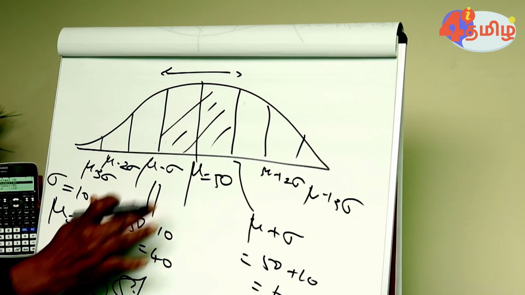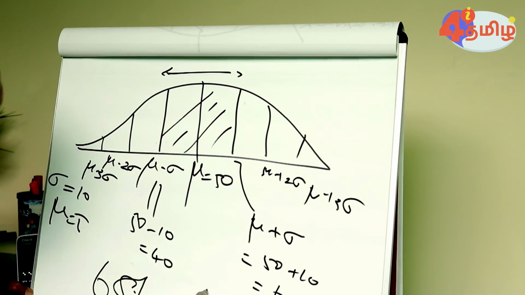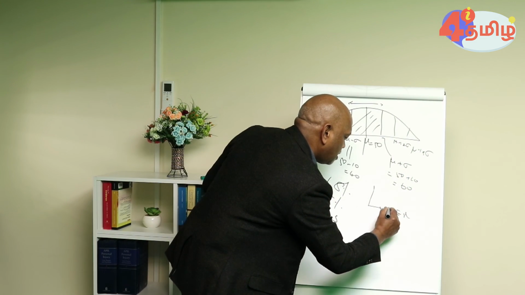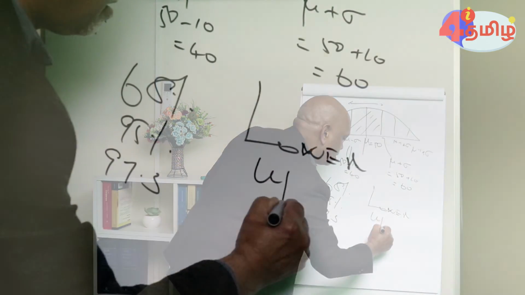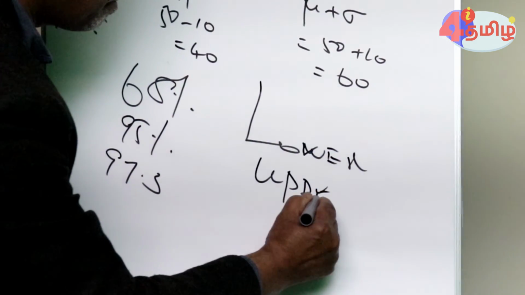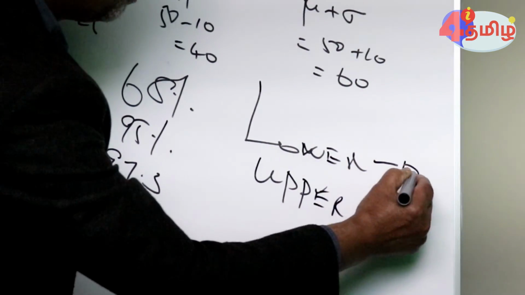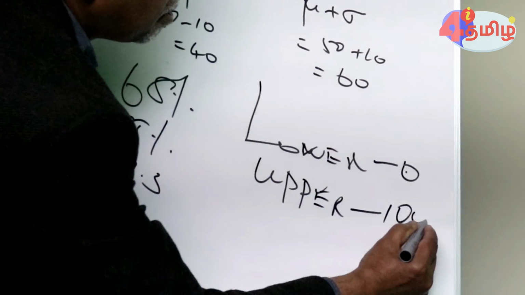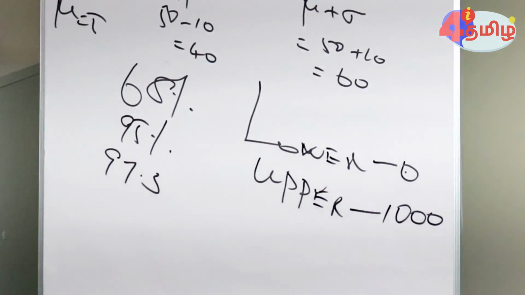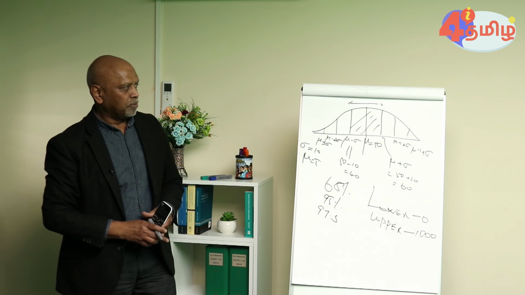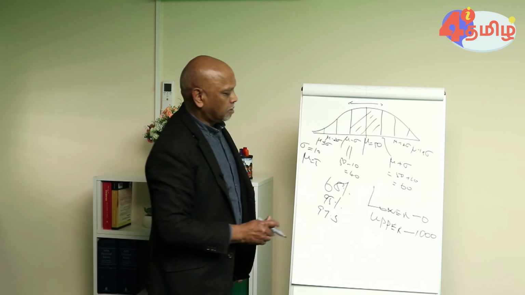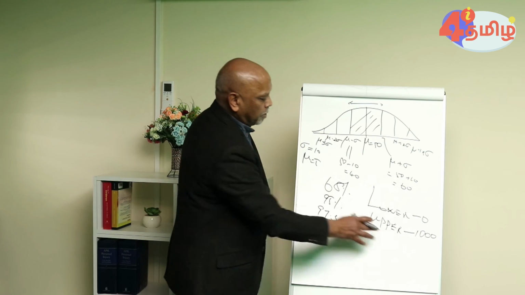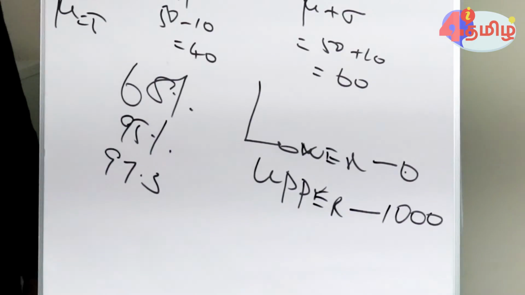For this particular topic, the lower value is 0, and this side I would say about 1,000. You can put any value, but 1,000 will be enough to give you the right answer. So the lower value is always 0. The upper value, you have to judge.